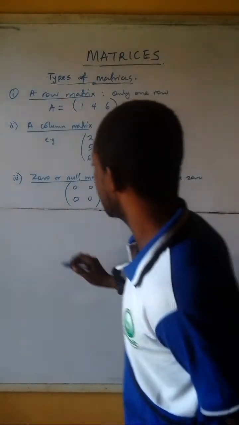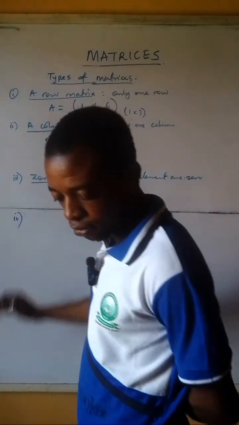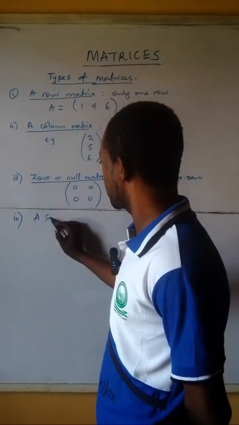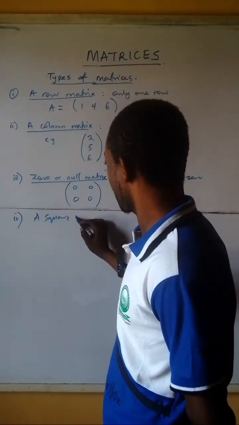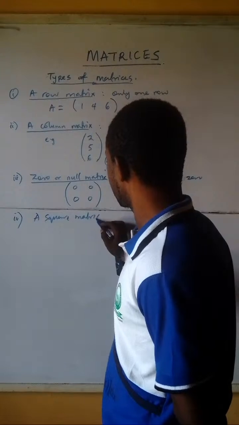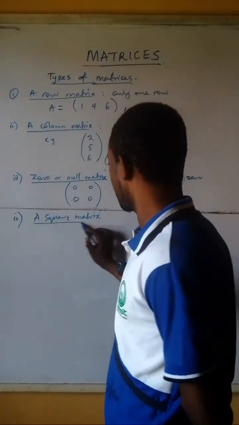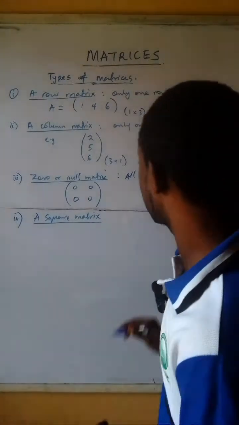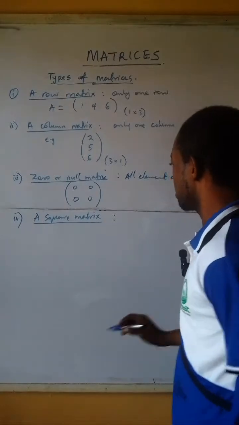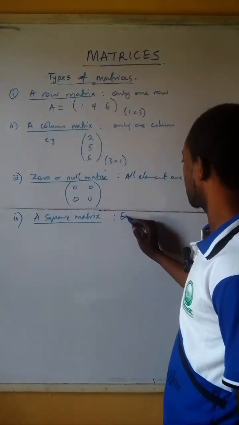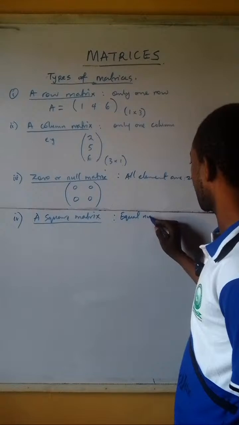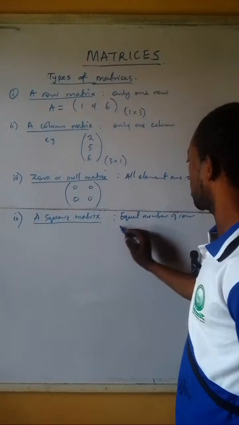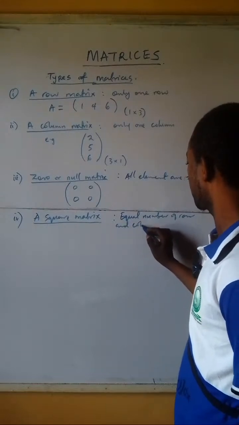Now, we have the next one, number 4, the square matrix. For this type of matrix, just as the name implies, it has an equal number of rows and columns. That is, the number of rows is the same as the number of columns.